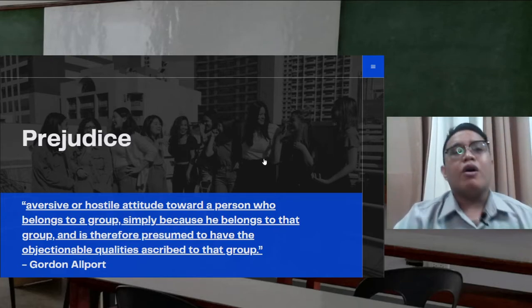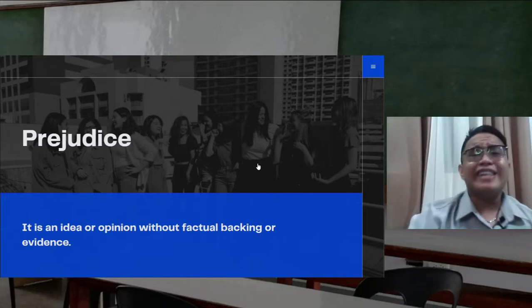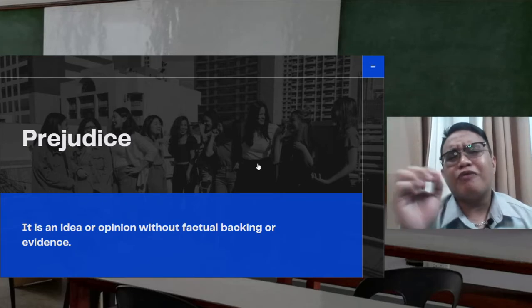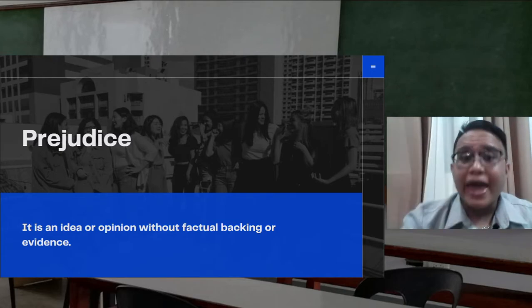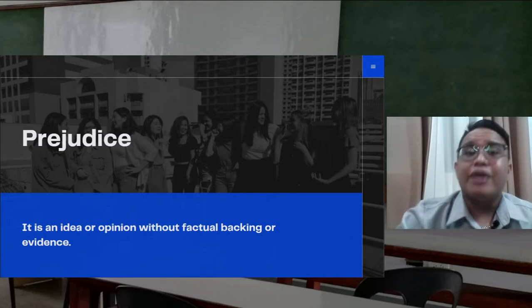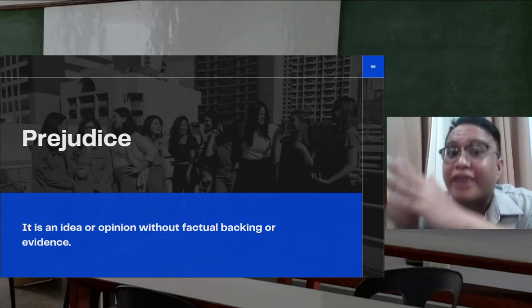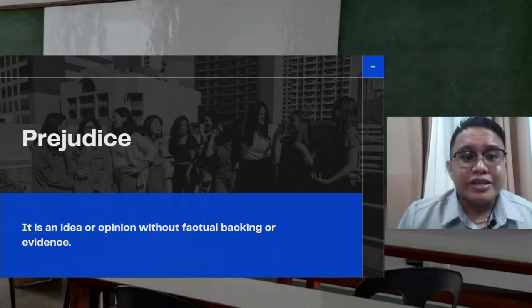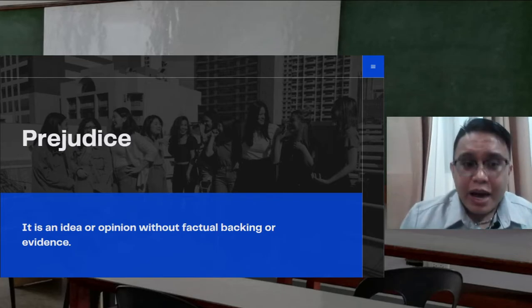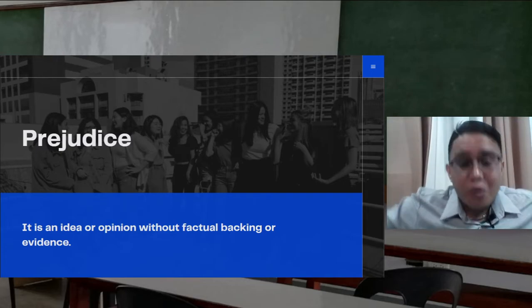Now the thing about prejudice is it's an idea and opinion without factual backing or evidence. In bias, we can have evidence, we can have factual backing. We can put it under preference, right? But in prejudice, it's just an opinion or an idea without evidence, therefore it's not true.